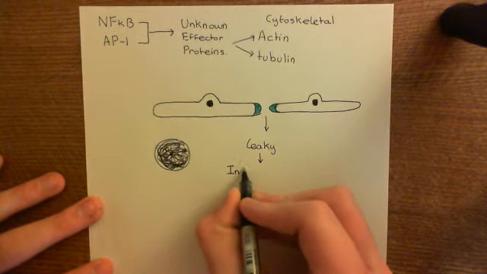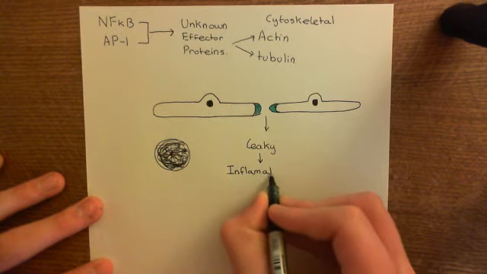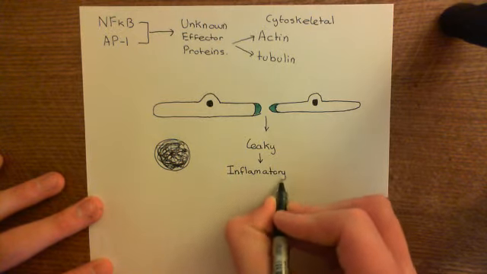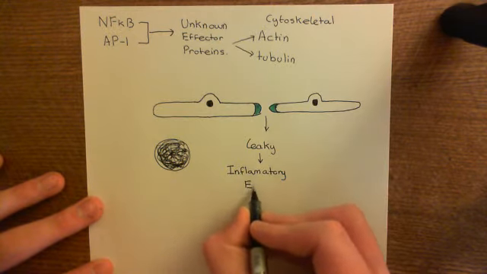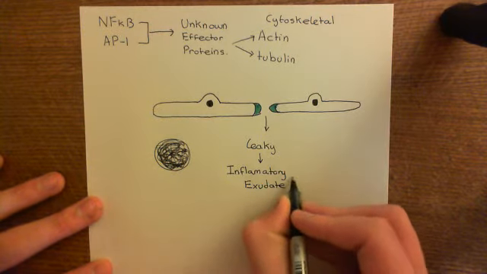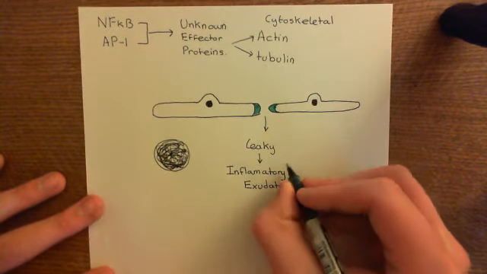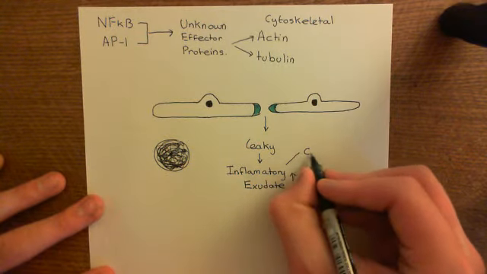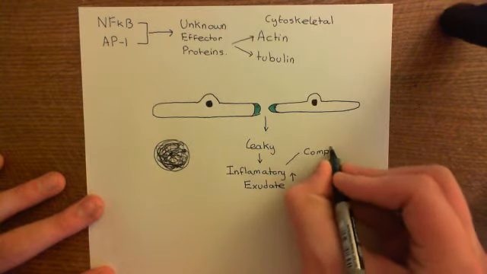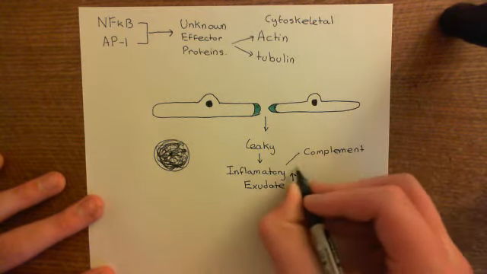So you'd already done this from type 1 activation, but now the holes are bigger, basically. So you're going to form even more inflammatory exudate, basically. So the amount of inflammatory exudate you have formed will go up even further. And you're going to bring in even more proteins. You'll bring in even more complement proteins, and again, you'll bring in more coagulation factors.